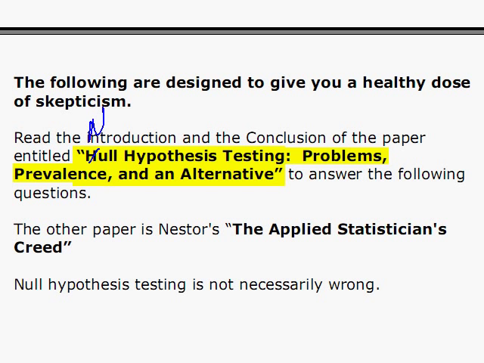The other paper is a many times quoted paper by Nester, called The Applied Statistician's Creed. He's being fairly sarcastic throughout most of it, but I asked you to read just the first introduction, and you will see some things you have to rewrite from his paper.